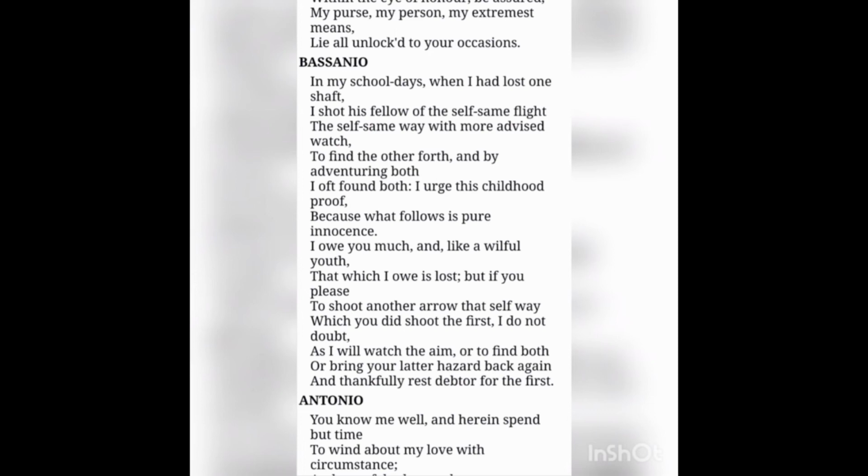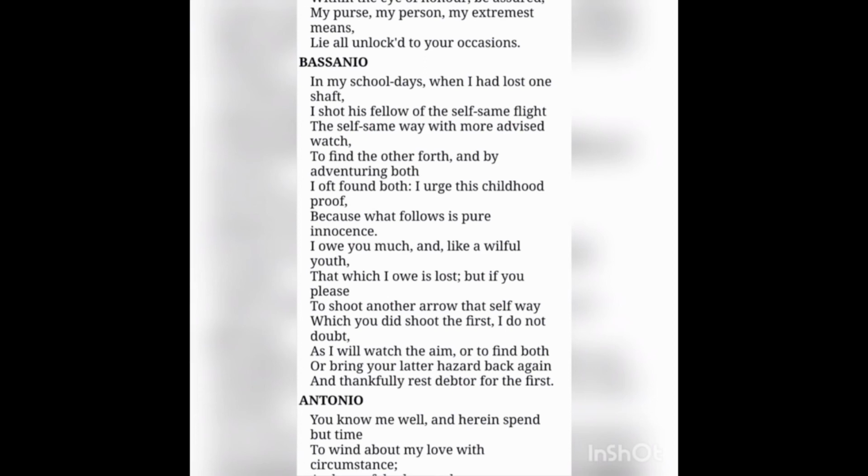What he's trying to bring home with this childhood example is that he is going to shoot another arrow of investment in this particular venture he's undertaking, and by borrowing money from Antonio, he will be able to get the returns, not only to return the present debt which he'll be taking from Antonio and he has taken from the other people, but he'll also be able to pay back the previous debts which he has owed to Antonio and to the other people.